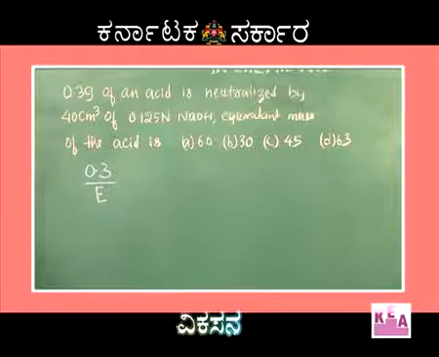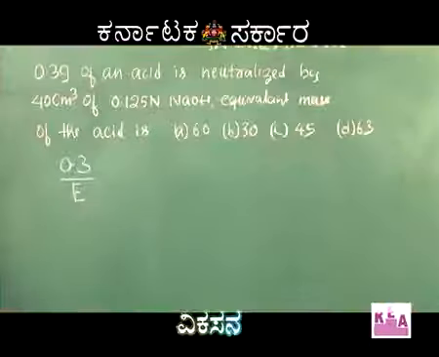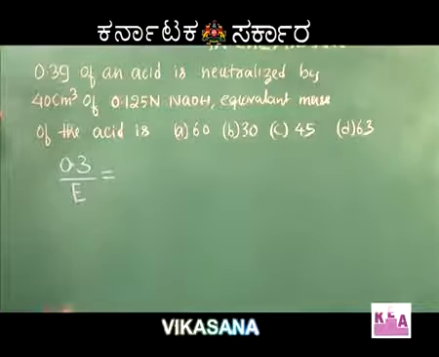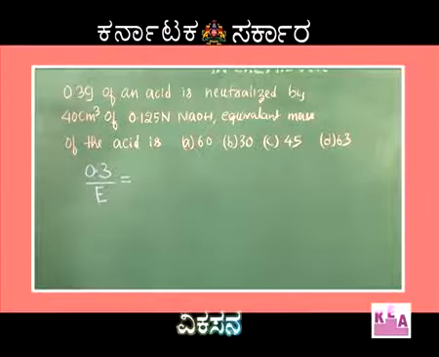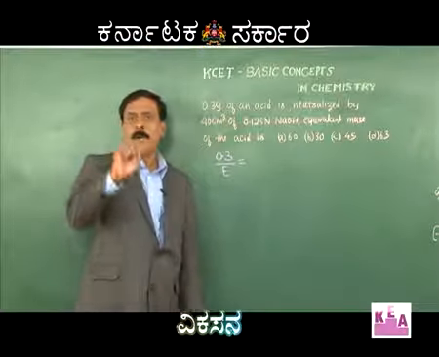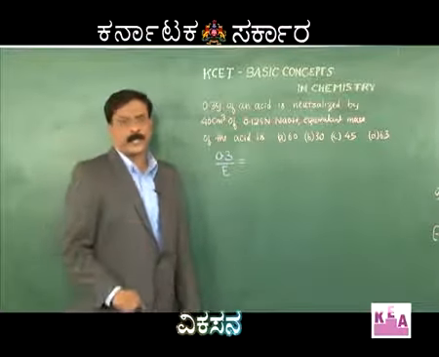0.3 by E, equivalent masses of the acid, should be equal to the number of equivalent masses of the base, and the base here is NaOH. It is said 40 centimeter cube of 0.125 normal NaOH.